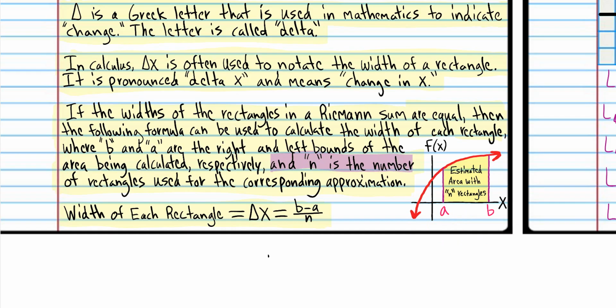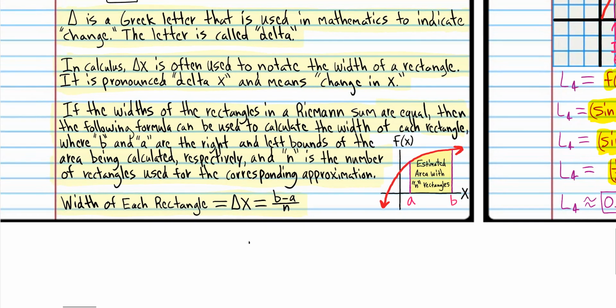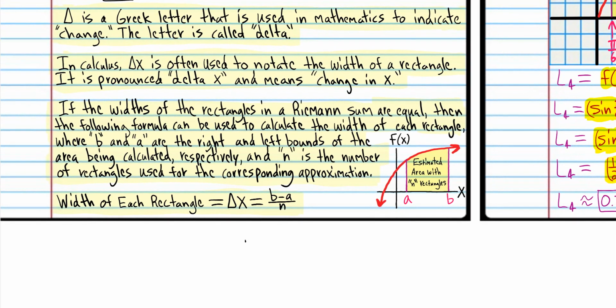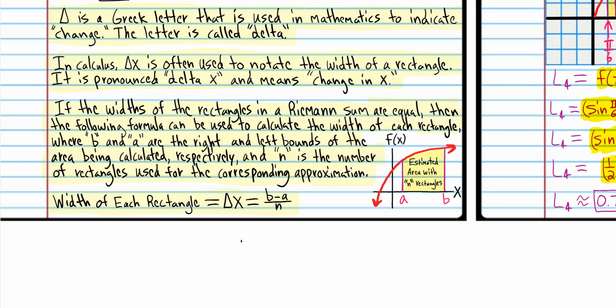And N is the number of rectangles used for the approximation. So you don't have to use this formula, but sometimes it's very convenient to do that.